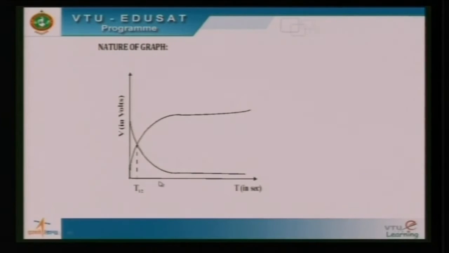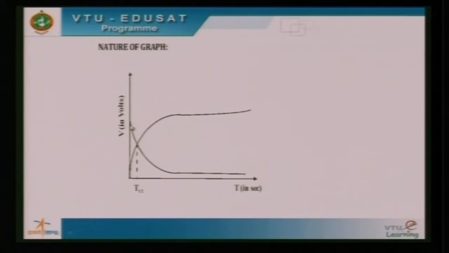Now we are done with the experimental part, and we have to calculate the dielectric constant by plotting the graph of voltmeter readings along the y-axis and the time along the x-axis as shown in the graph. Here we see the voltmeter readings on the y-axis and the time on the x-axis.